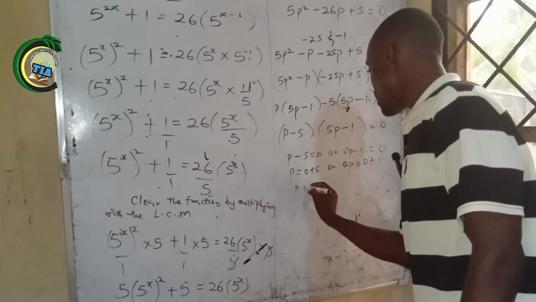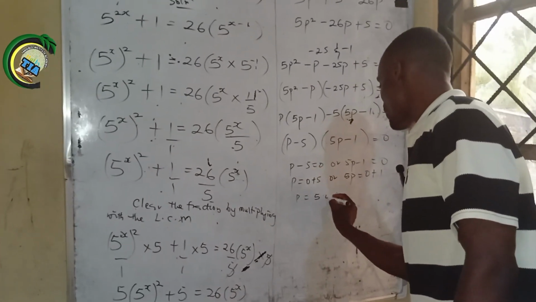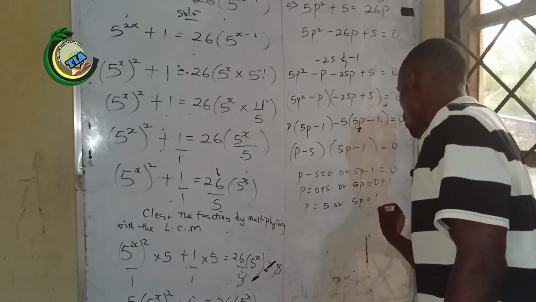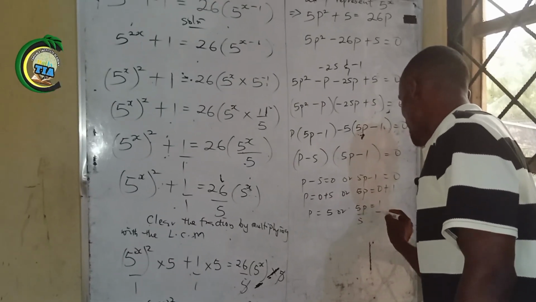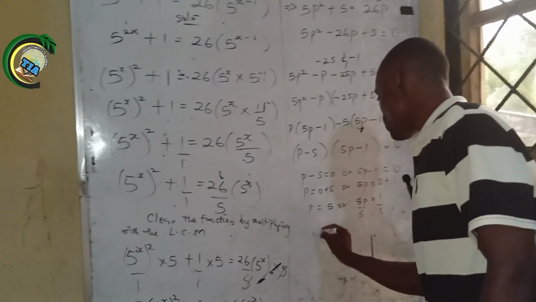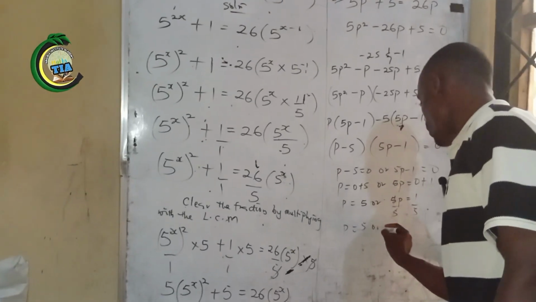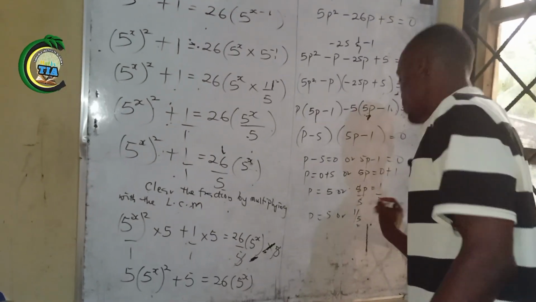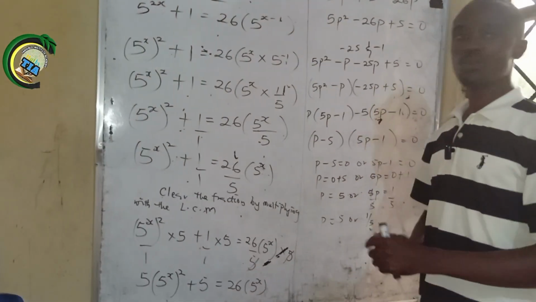So we have that p is equal to 5, or 5p is equal to 1. If we divide both sides by 5 here, p is equal to 5, or 1 all over 5. Now, these are the values of p.